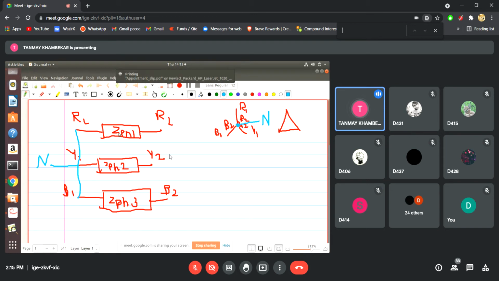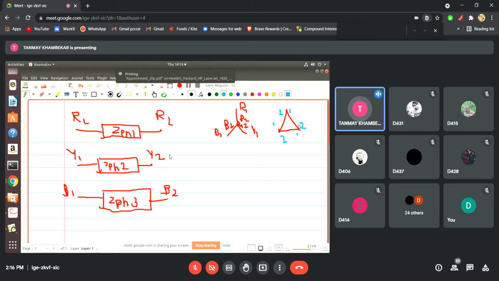Now this same three-phase load, I can connect in delta. So how do you connect delta? This is terminal 1, 2; this is 1, 2; this is 1, 2. This is R phase, Y phase, and B phase.